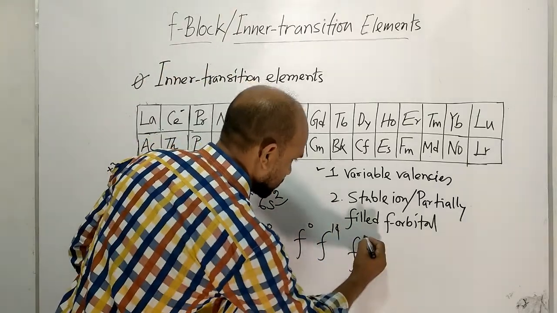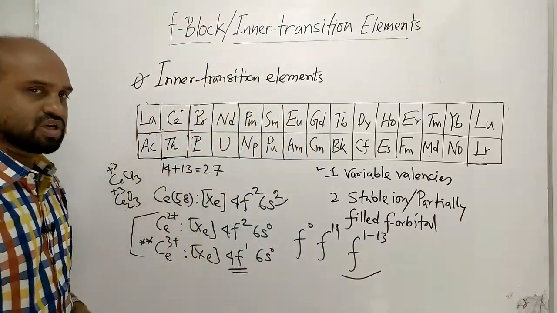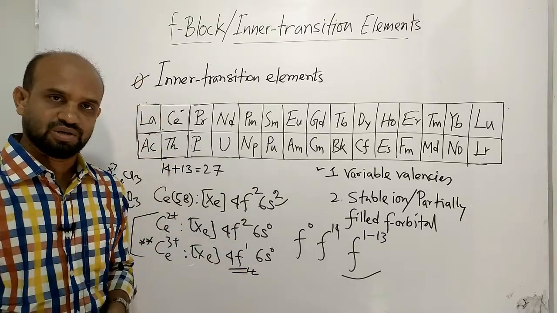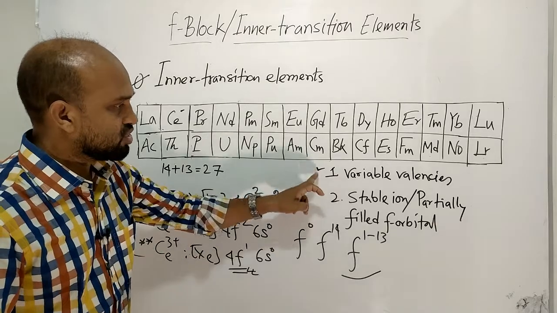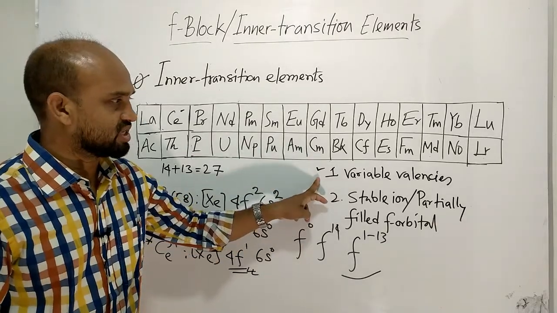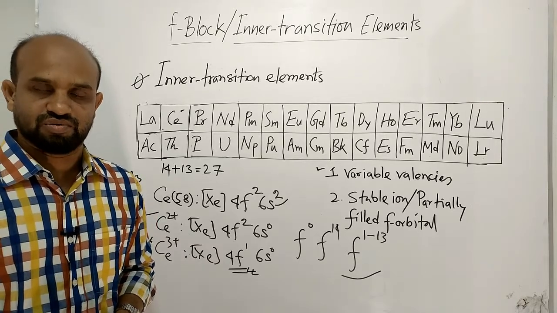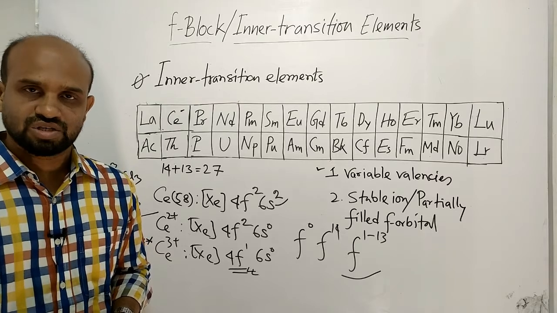But if the electronic configuration is 1 to 13, then it will be partially filled f orbital. So cerium is satisfying both the points, that is variable valencies and stable ion with partially filled f orbital. So cerium is a kind of transition element.